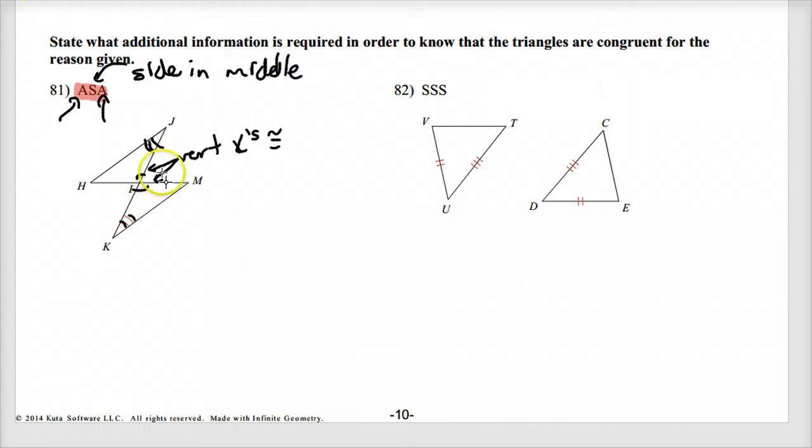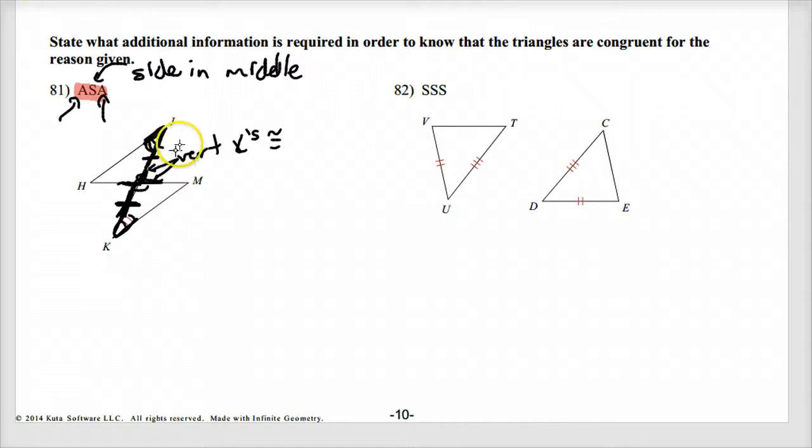So if I'm looking at all of this, and I see 2 angles here, so I got this angle here, and I got this angle here, then I'm looking for that side that's in the middle. So I need this piece. I'm not told that. It's not given to me, but I need it. Similarly, I have this angle here, and this angle there, so I need this side in between.